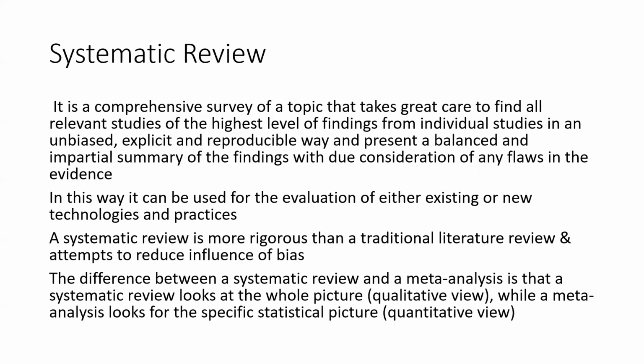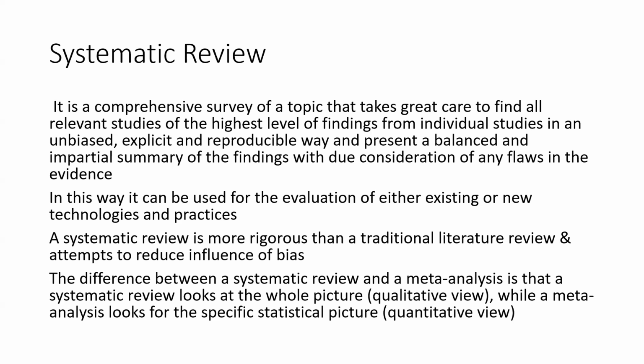Now about systematic review. It is a comprehensive survey of the topic that takes great care to find all relevant studies of highest level of finding from individual studies in an unbiased, explicit, and reproducible way, and present a balanced and impartial summary of the findings with due consideration of any flaws in the evidence.